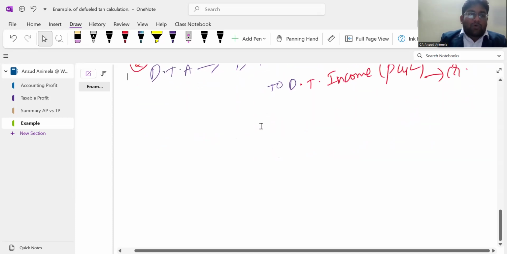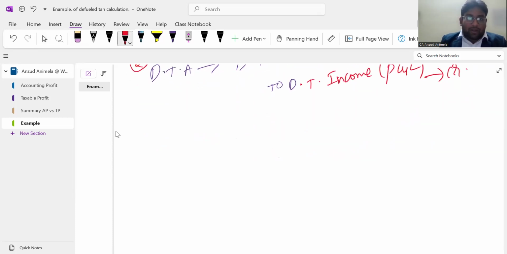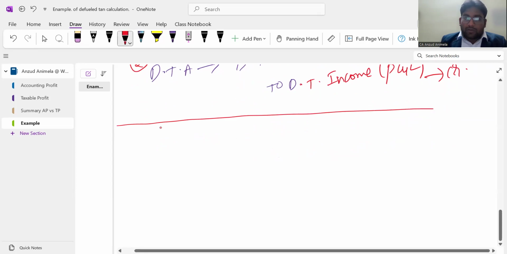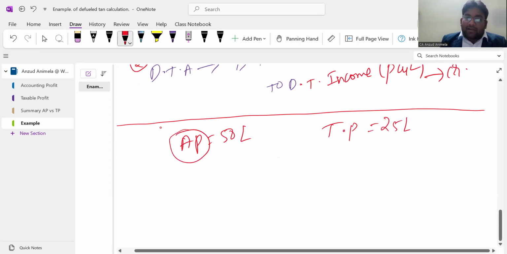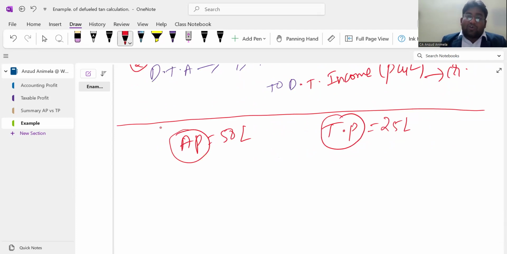Okay. And one more important point to be noted. Accounting profit in our example is 50 lakhs. Taxable profit in our example is 25 lakhs. We may get a doubt why these profits are different. What made these profits differ?